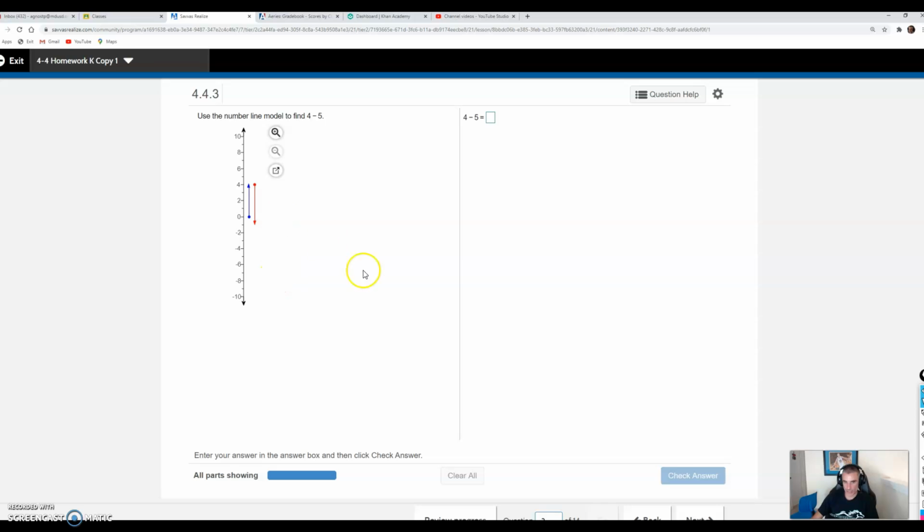So if I take a quick look at my number line here, as I move up in this direction, my numbers are getting bigger. So this is the addition direction or the positive direction. And if I go down, that is the subtraction direction. So my numbers as I move down are getting smaller, or if I subtract, we're going to move down in this direction.